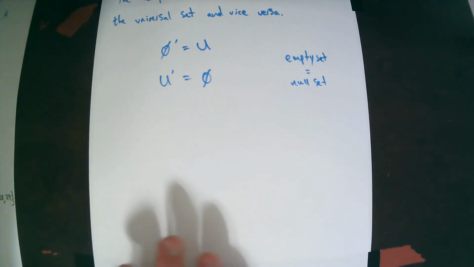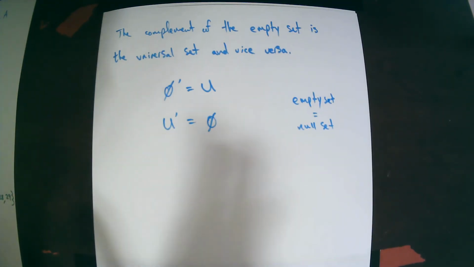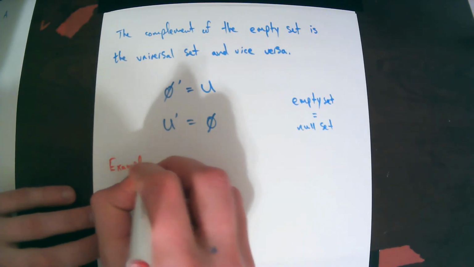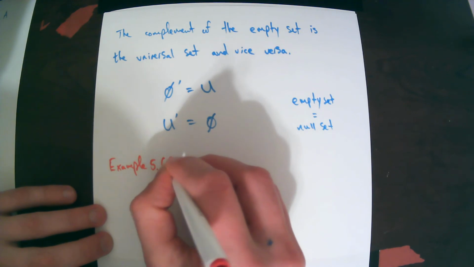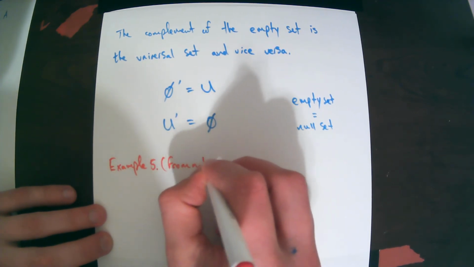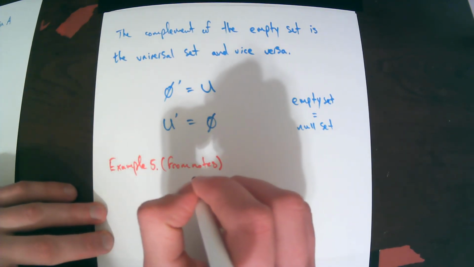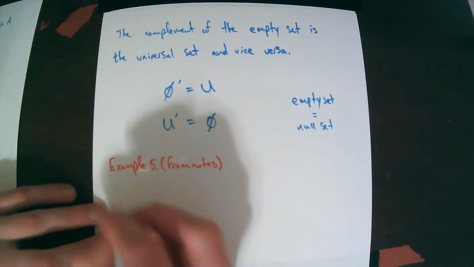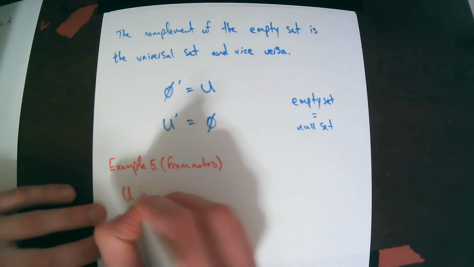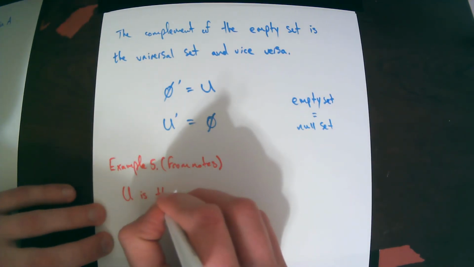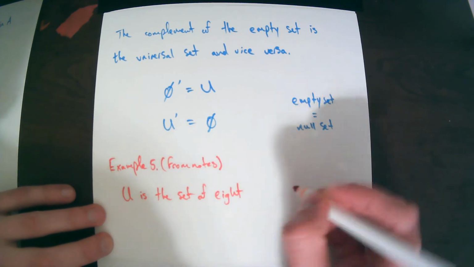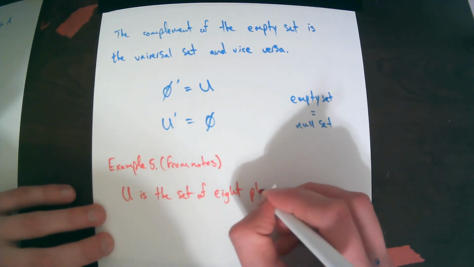Alright, example 5, from the text, or from the notes and the text. Let U be the set of 8 planets in our solar system. So, sorry, Pluto. It's a set of 8 planets.